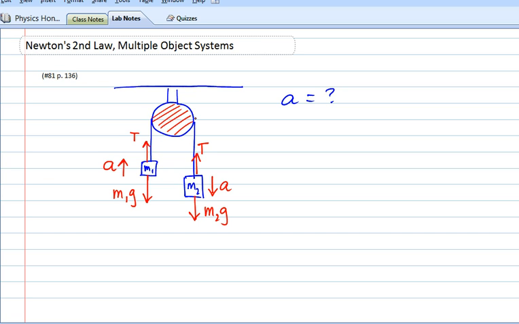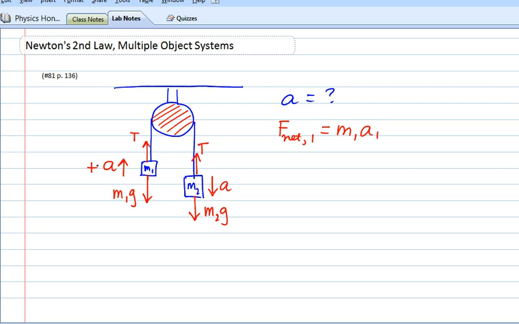Okay, so how do we set this up? Well, we have to write a second law equation for each one. So this means that the net force on object 1 is going to be equal to its mass times its acceleration. And another hint is that if we know which way we think it's accelerating, in this case upwards, let's make that the positive direction.